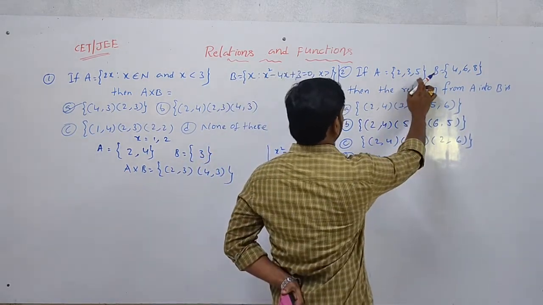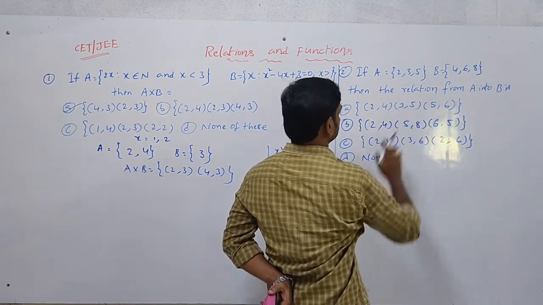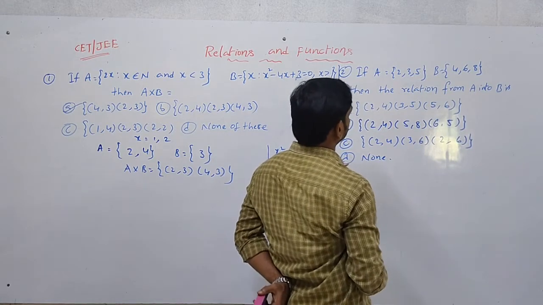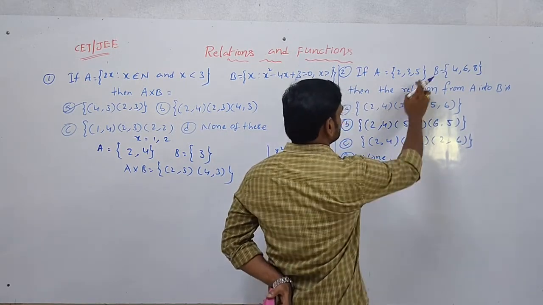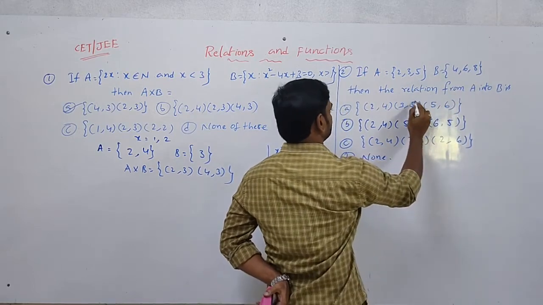What are the first elements? 2, 3, 5 is there. Next, the second elements are 4. Here, see this 5.